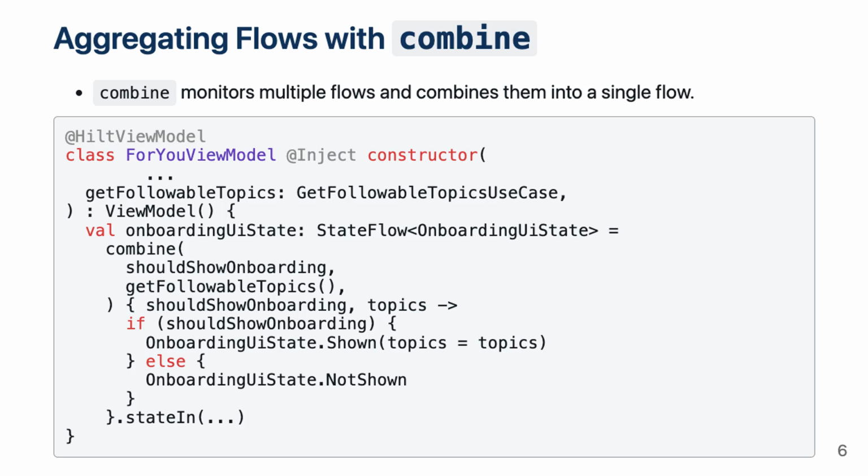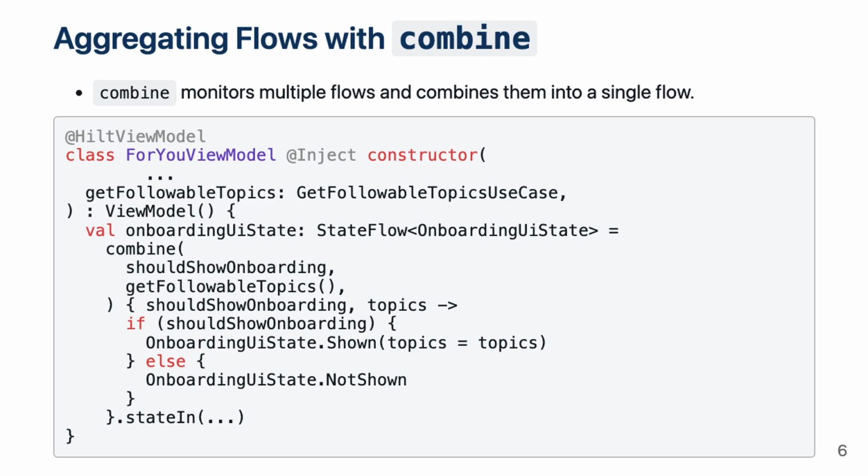Finally, let's look at flow aggregation using Combine. Combine is a method that monitors multiple flows and generates a new flow whenever any of them is updated. In this example, Combine is used to monitor the necessity of onboarding and the topics being followed. If either of these changes and onboarding is deemed necessary, display data is generated from the followed topics.